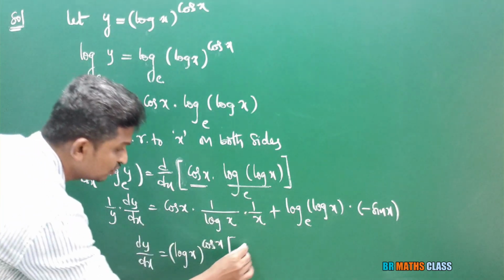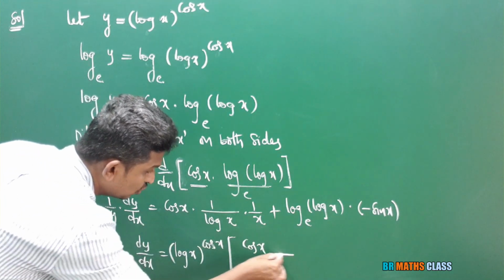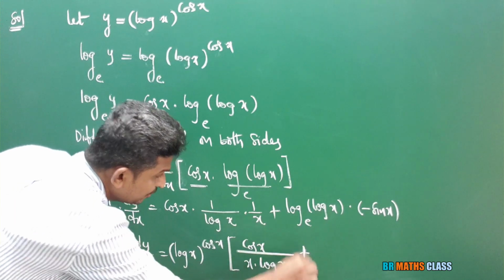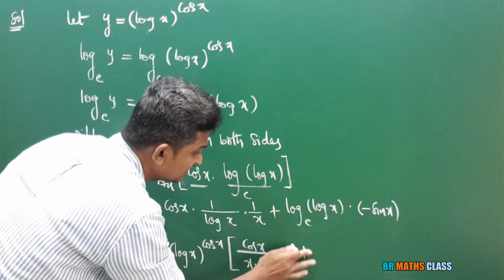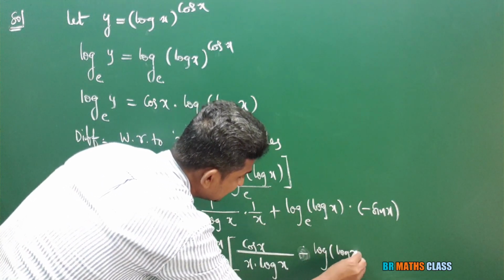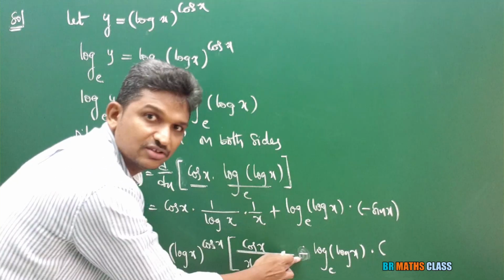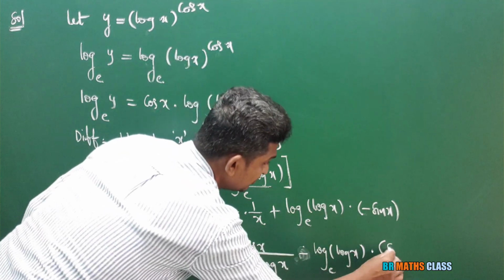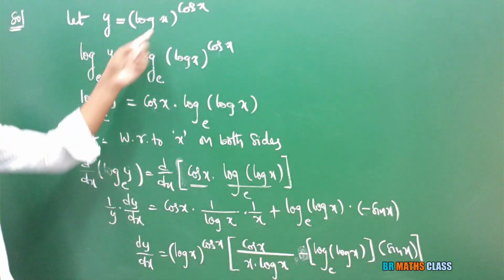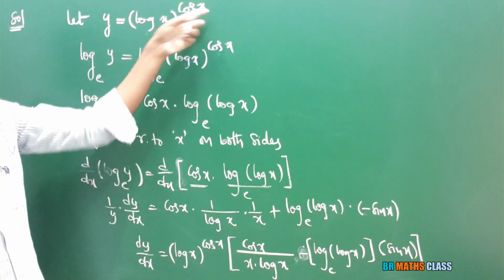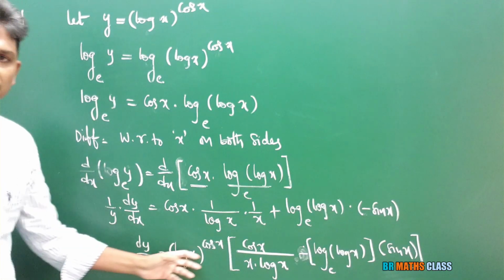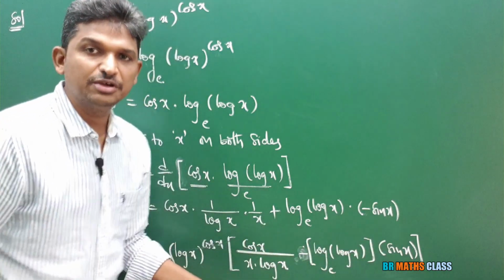Cos x into 1 is cos x, whole divided by x into log x, plus minus logarithm of log x into sin x. What they are asking in the question is to differentiate this. As I took this function as y, I need to calculate dy by dx. I got dy by dx, so this expression is the dy by dx.